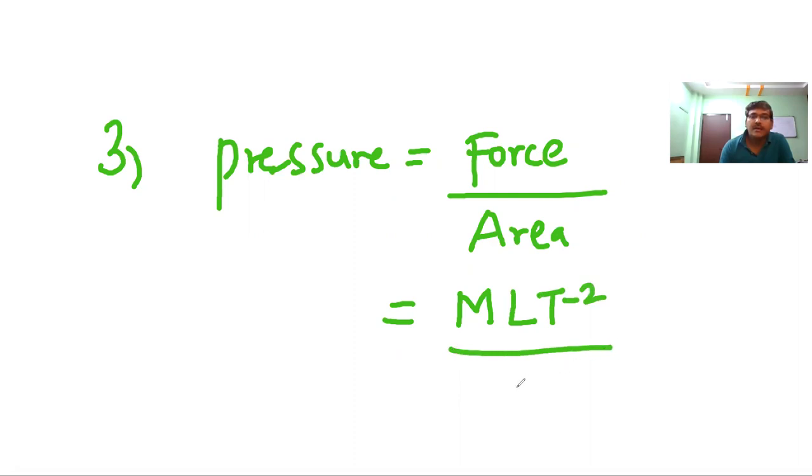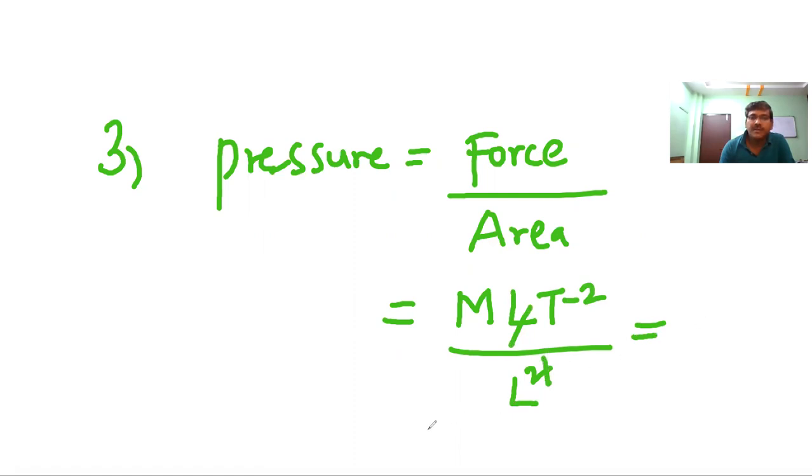Area is length into breadth, that is L into L, L square. So here, one L power will go out.